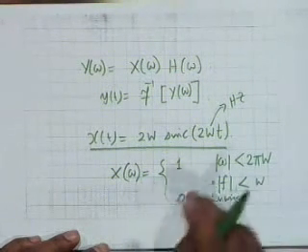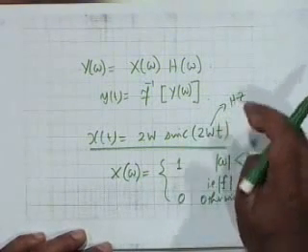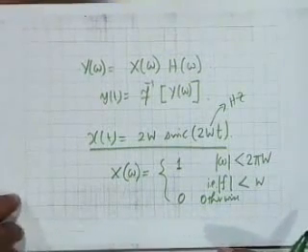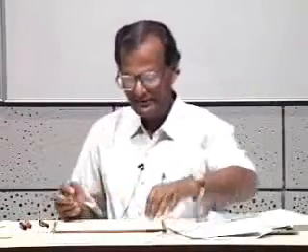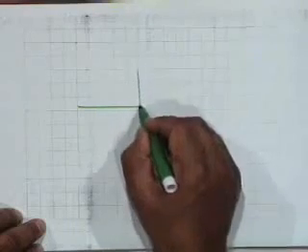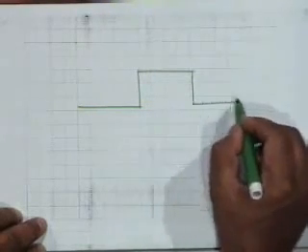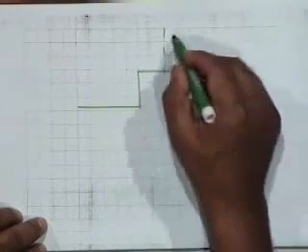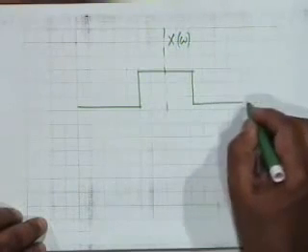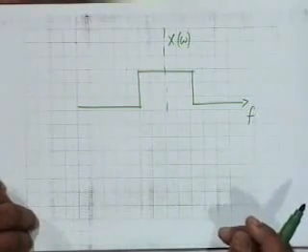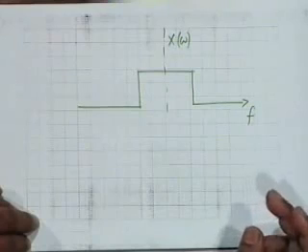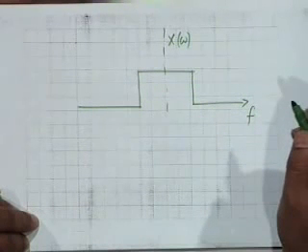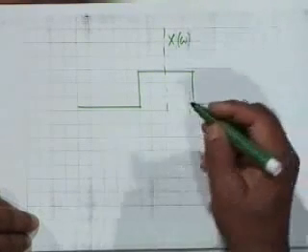Once again the sinc function is in the time domain, so the spectrum is a gate in the frequency domain. If I look at the spectrum, capital X of omega is like this. Now let me plot this versus frequency, because I have to compare with capital H of omega, and I can do it versus omega also, there is no problem.